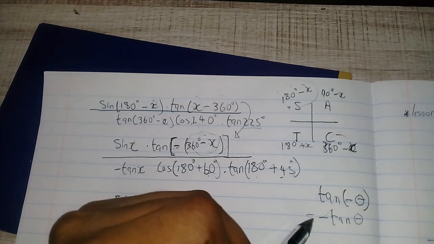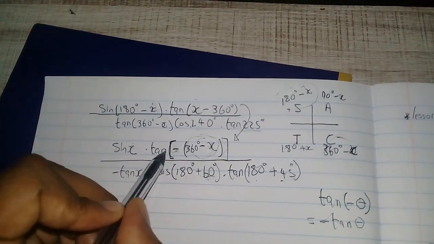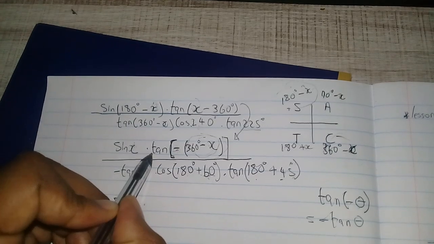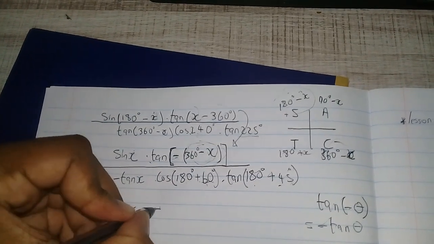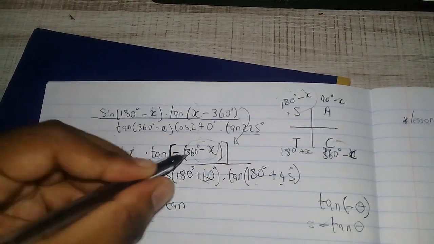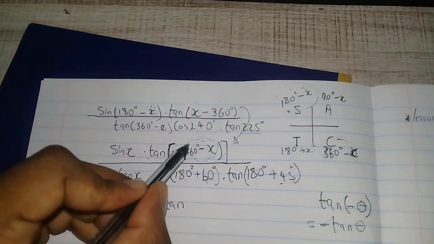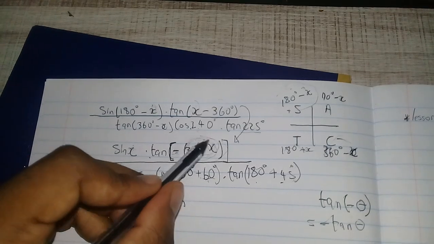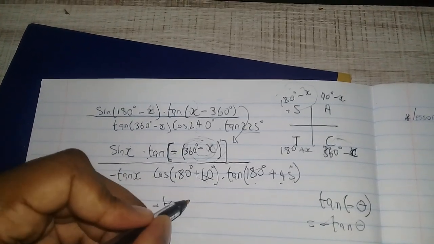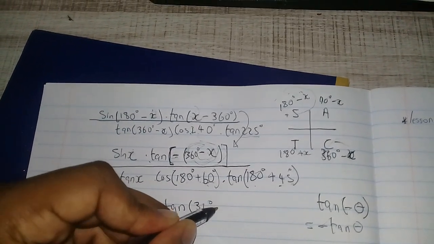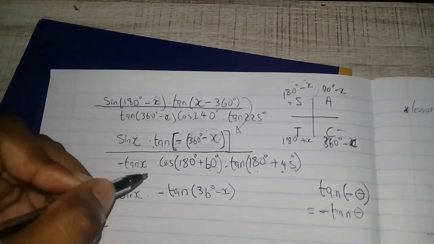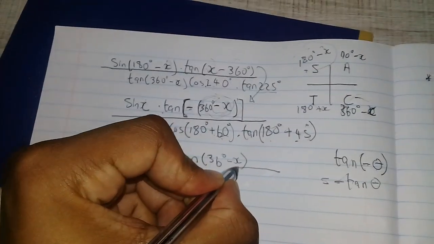So if this negative sign goes out here, it also has to go out to the front again here. So you're going to have negative tan. And since theta comes down here, and 360 degrees minus x is also in the place of theta, we're going to just write it here, 360 minus theta, right? Now let's divide.